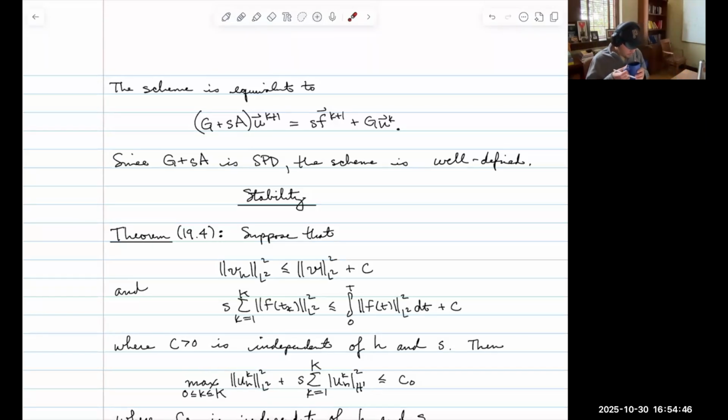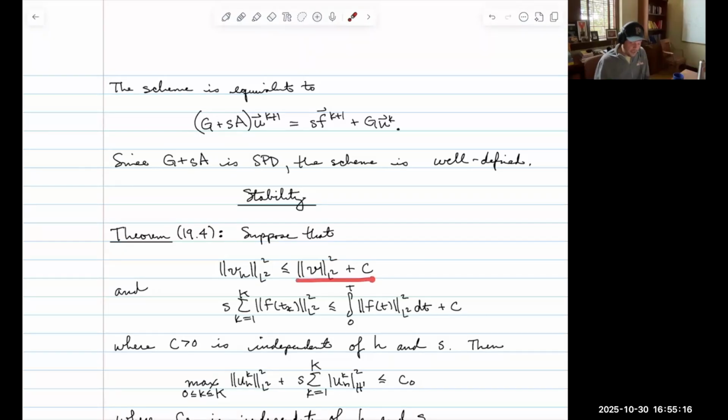Well, let's start by making some suppositions. Suppose that the projection of V into my finite element mesh, measured in the L2 norm squared actually, is less than the original function V norm in the L2 norm squared, plus a constant.